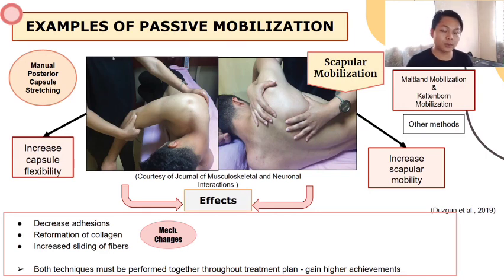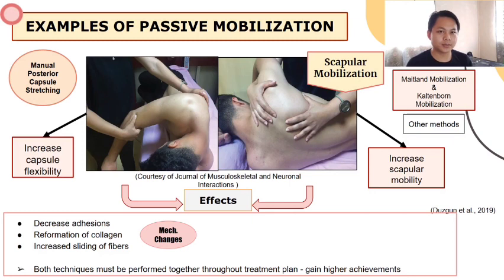However, scapular mobilization increases scapular mobility. Throughout these passive mobilization techniques, for both, they should always refer to Maitland's mobilization and Kaltenborn mobilization. This allows physiotherapists to perform the treatment better and target the affected tissue in the shoulder more precisely and accurately.